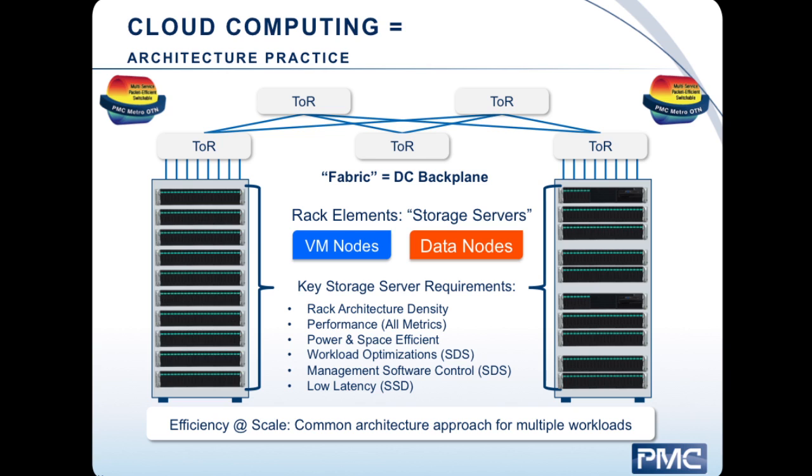But as we move back down into the rack, what we've now started to do is cut down on the number of SKUs and configurations of servers that we put into the racks, with a strong emphasis on very high density on either compute and or storage, in order to run either one of these workloads, virtual machine workloads or big data workloads.